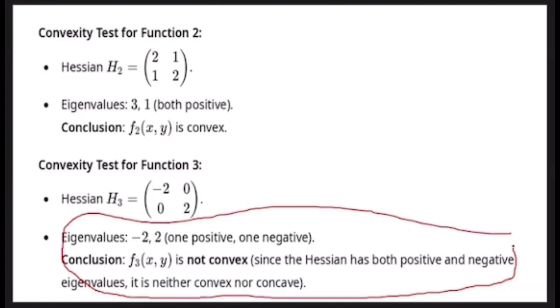I did not only stop there. I also said, since the Hessian has both positive and negative eigenvalues, it is neither convex nor concave. Because somebody is going to say, oh, if it is not convex, it's going to be concave. Not all the time. If it is not convex, it may not also be concave. When you have a mixture of signs in the diagonal of the eigenvalues, that is the decision you're going to take. Does that make sense?